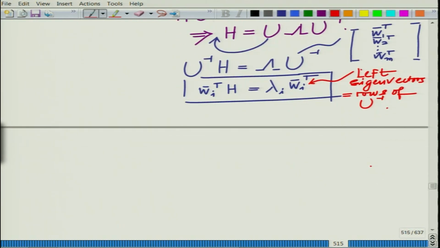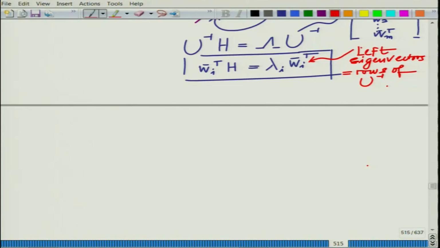Although we will not deal with these frequently, by default we will always consider the right eigenvectors, but it is also useful to remember this notion of left eigenvectors. If you take the matrix of right eigenvectors U and take the inverse U inverse, the rows of that will be the left eigenvectors; the eigenvalues are the same.